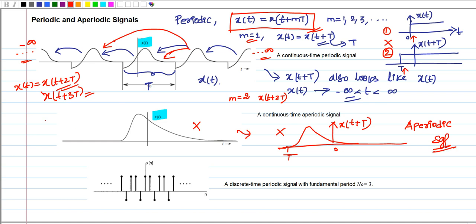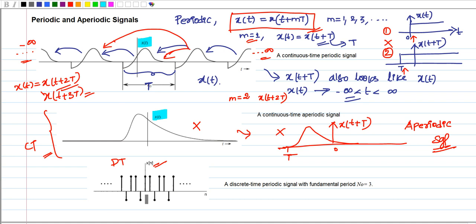Both of these are continuous time signals, whereas the third signal, x of n, is for the discrete time case. Here you look at the signal.